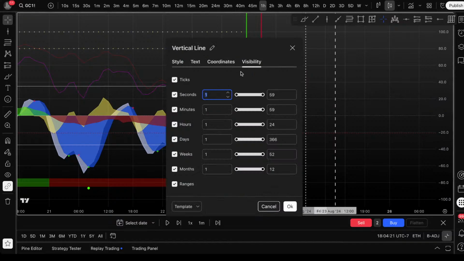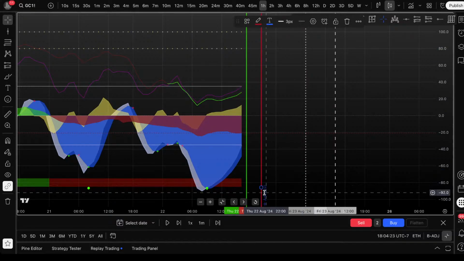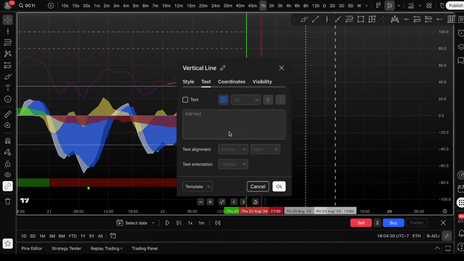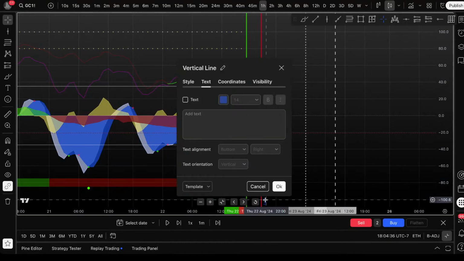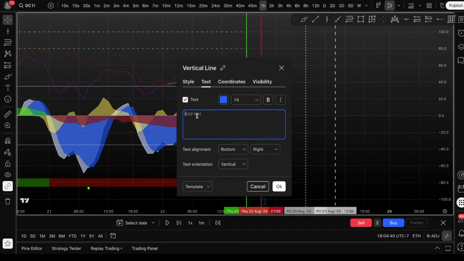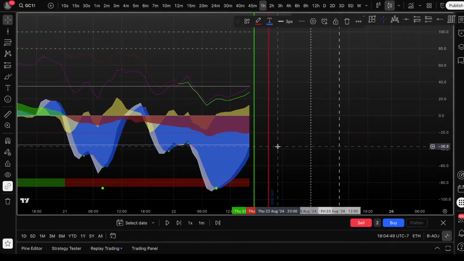You know what would be cool is if I labeled these. How do I do that? Here we go. Oh, here we go. 6 hour bearish. There it is.